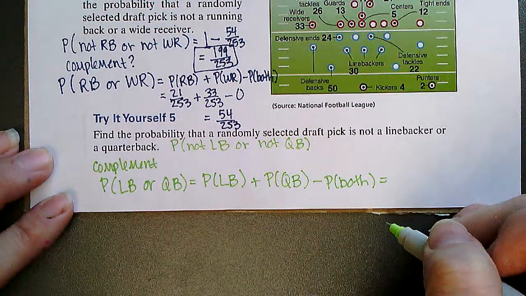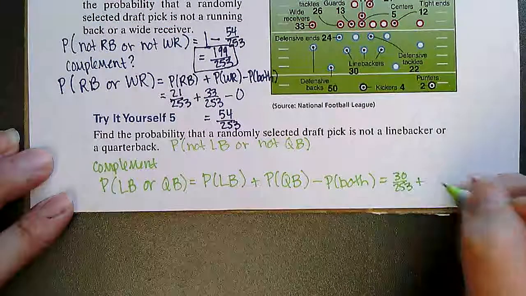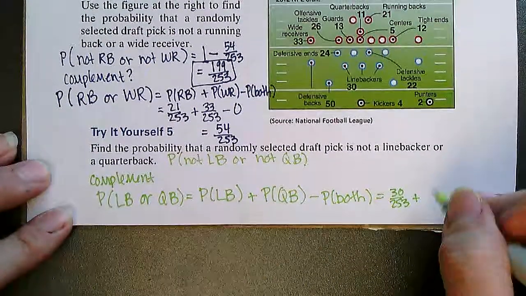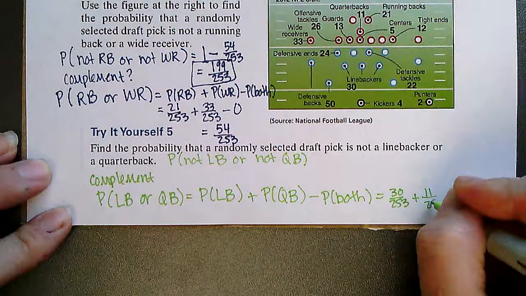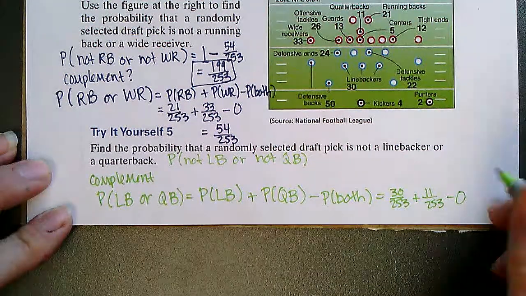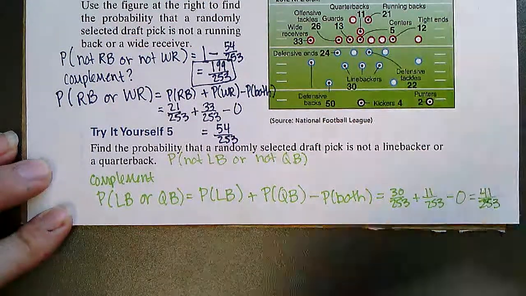The probability that they are a linebacker would be 30 out of 253. The probability that they are a quarterback is 11 out of 253. And the probability of being both is 0. So here we get 41 out of 253.